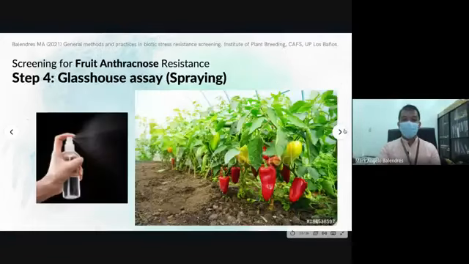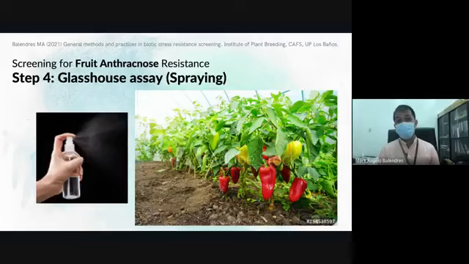The reason why we do a detached fruit assay for anthracnose is because anthracnose is a pre- and post-harvest pathogen. You could get infection in the field, but then it develops in the supermarket or in your fridge. So you could always test them detached from the plant.